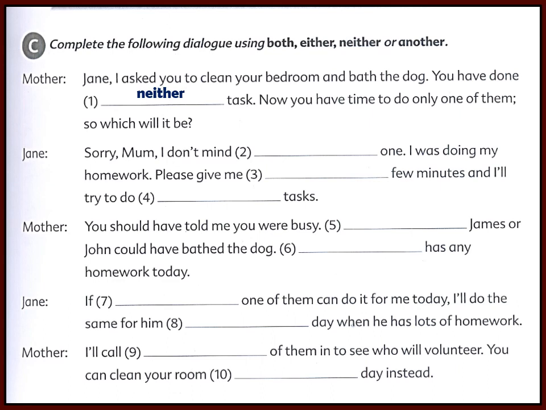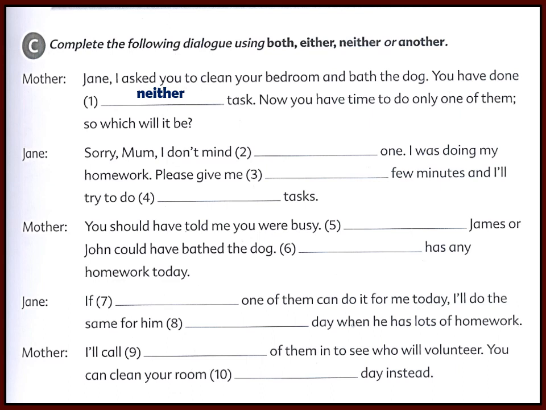So Jane says, sorry mom, I don't mind dash one. I was doing my homework. Please give me dash few minutes and I'll try to do dash tasks. Sorry mom, I don't mind dash one. Now Jane doesn't mind which task mother will give her to do.